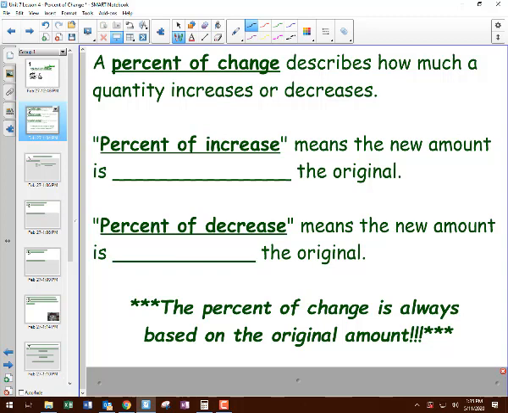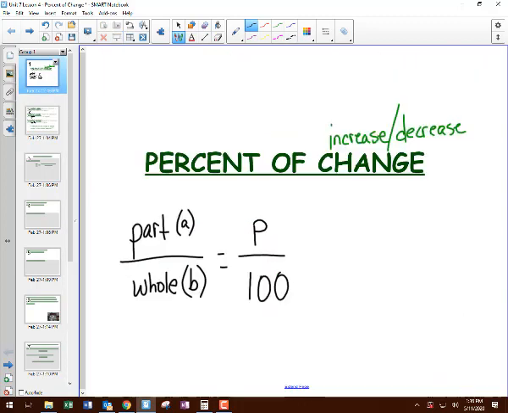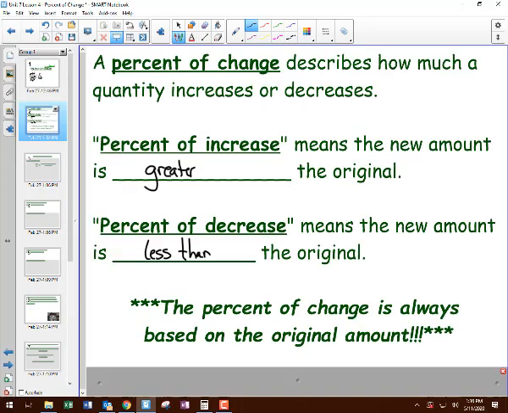A percent of increase means the new amount is greater than the original, and a percent of decrease means that the new amount is less than the original. Okay? It's always based on that original amount. Now when we talk about original, keep in mind that the original is a lot like the whole that we talked about last week.